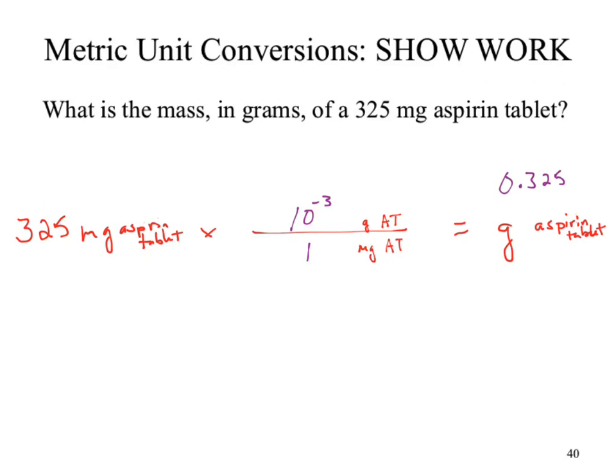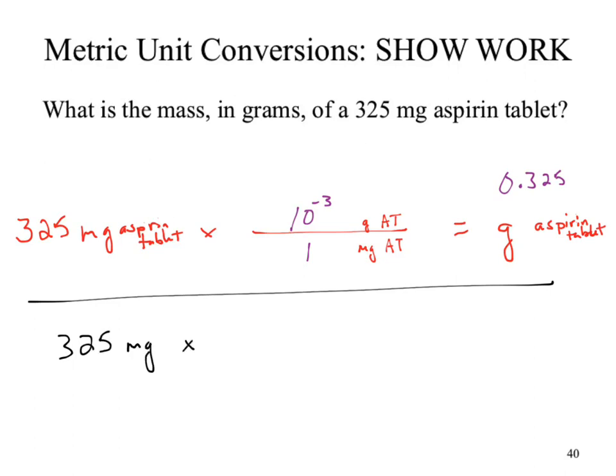Let's go ahead and address that suggestion. Apparently... no, that's actually not true. You did do it right. 325 milligrams. I'm not going to write the aspirin tablet out again because I don't want to do that. Now we got a suggestion that 1,000 milligrams is 1 gram.